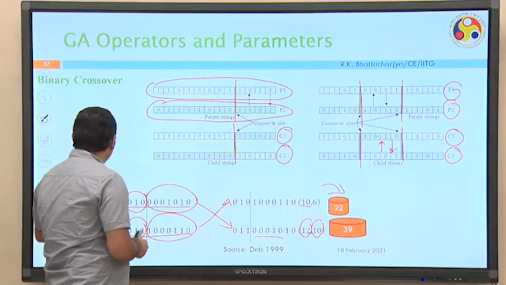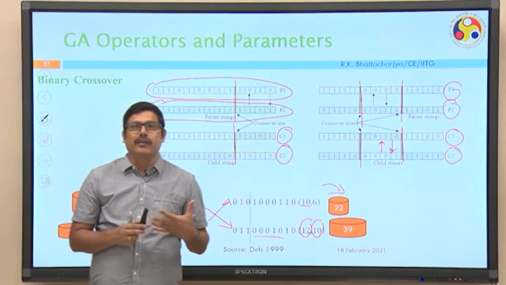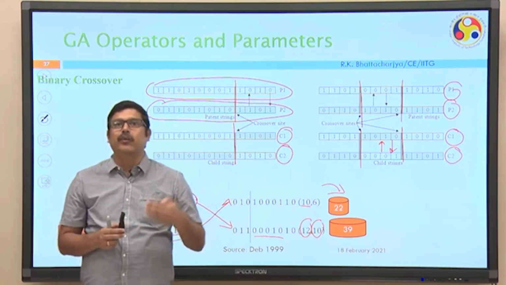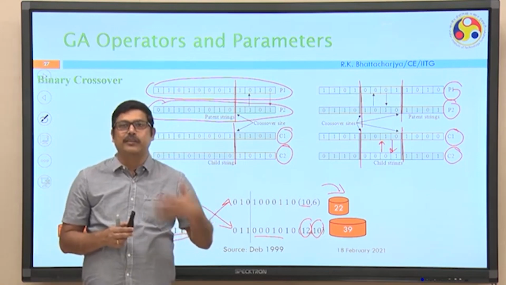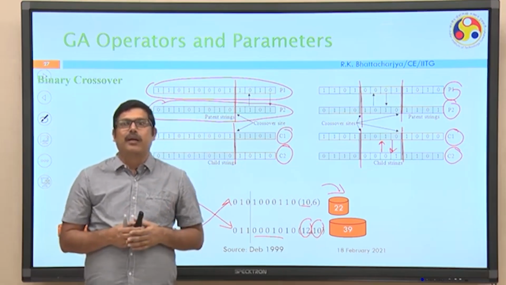Earlier the solution was 8 and 10, and now the new solution is 10 and 6. Similarly, here the earlier solution is 14 and 6, and the new solution is 12 and 10. So, the solutions you are getting are near to their parents, is it not? The children, the new offspring you are getting, are near to the parents.